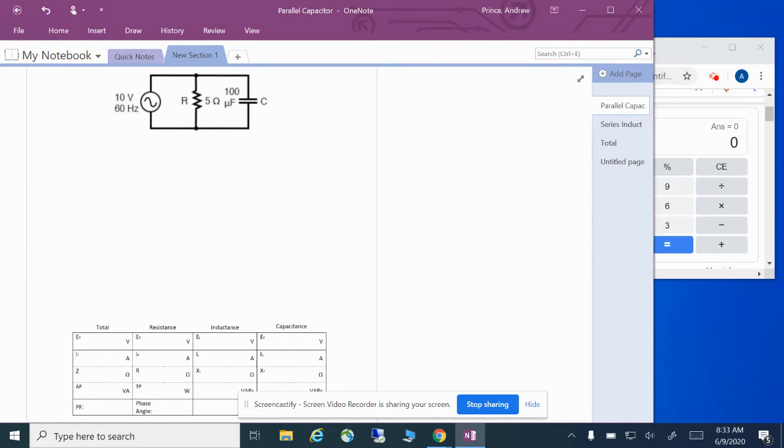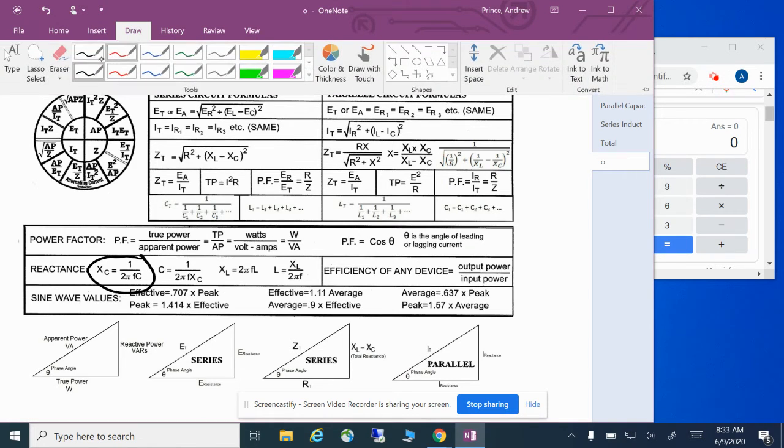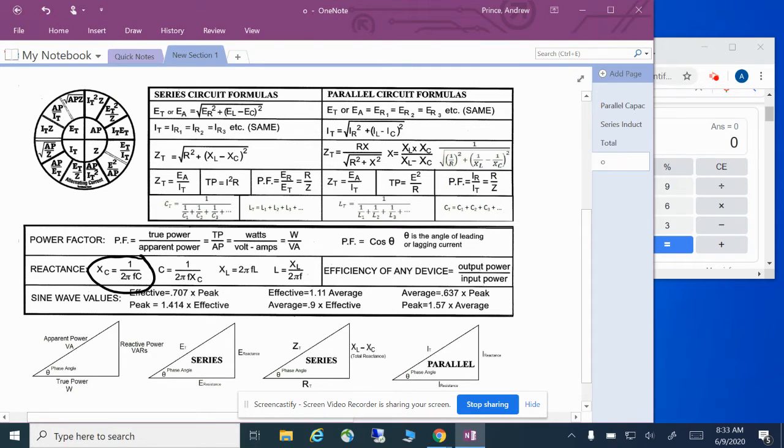So start off here. I have my capacitance and I'm going to want to convert that into my capacitive reactance so I can put that into the circuit. So step one is, let's look at our formulas. If we're looking to go from capacitance to capacitive reactance, we're going to be using this one right here. 1 divided by 2 pi frequency times the capacitance.